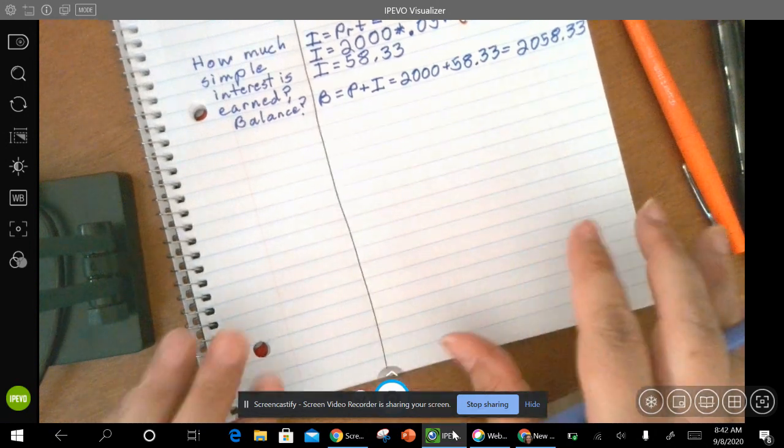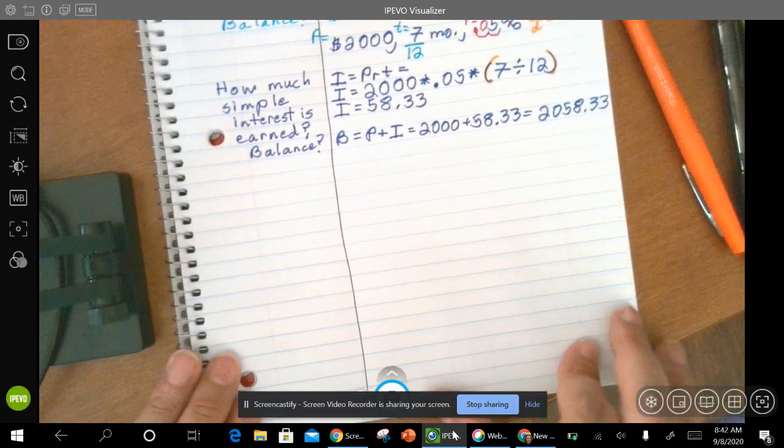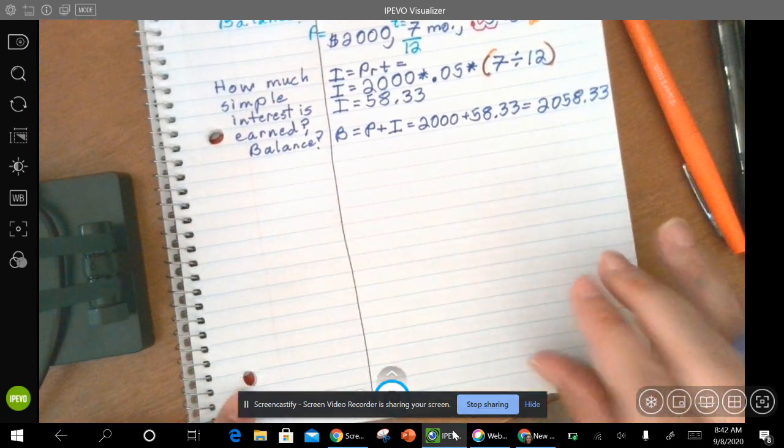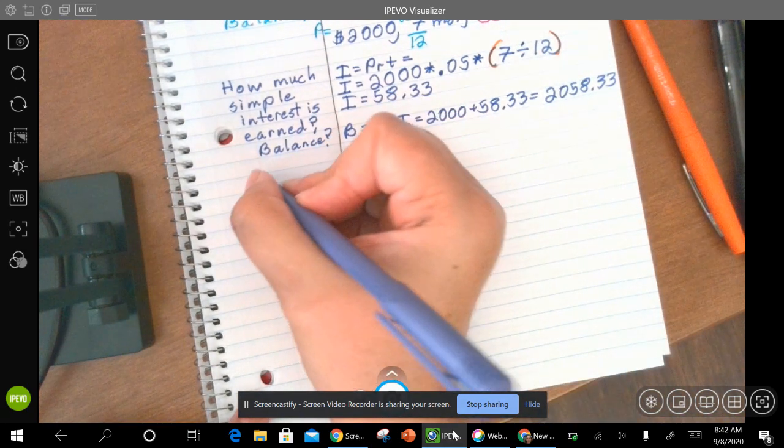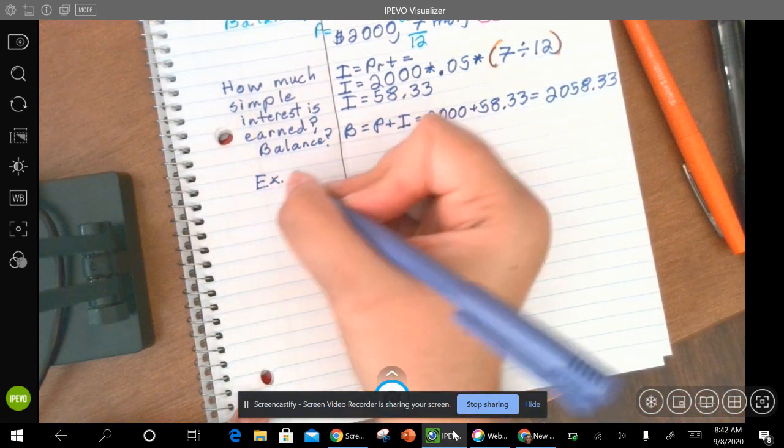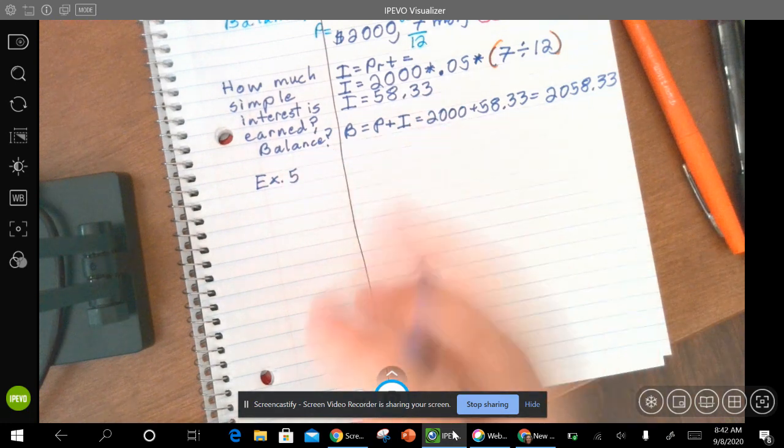So what if we needed to solve for the principal? If we wanted to know how much principal we need, and from section 3.3, this is example 5 in our book.